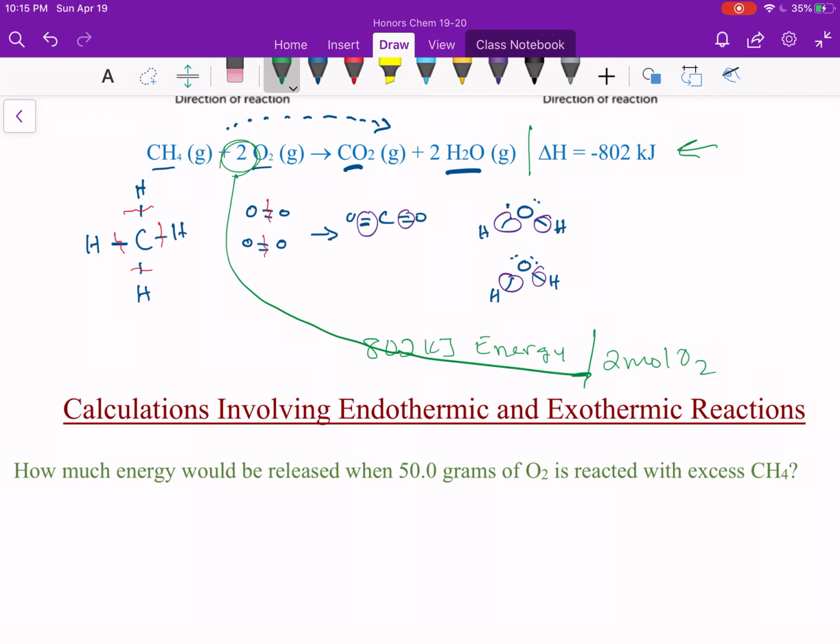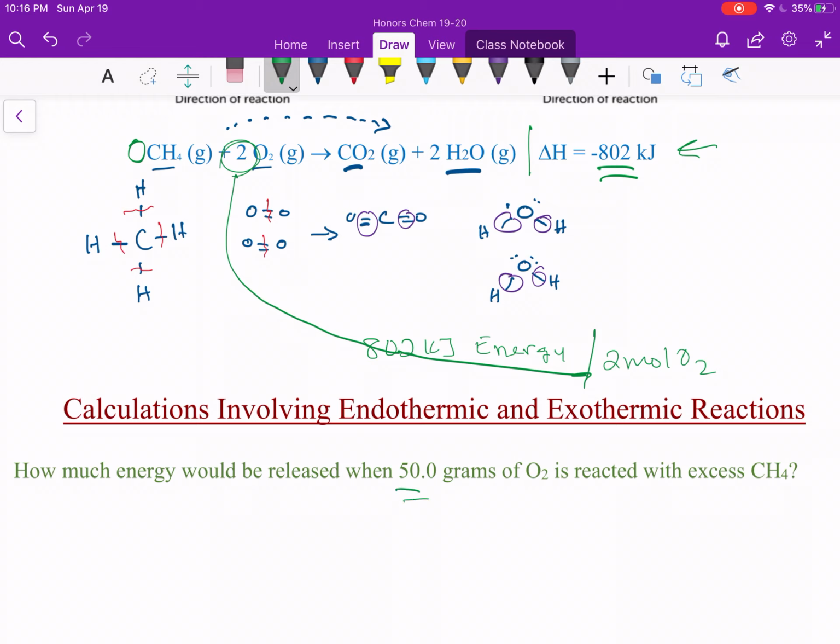That's where that 2 comes from, so that's my ratio there. If I was only reacting 1 mole of CH4, I'd get that 802. If I was producing 2 moles of water, I'd get that 802. So the energy change also follows that stoichiometry. And so if this reaction said, how much energy is released when 2 moles of oxygen reacts? It's easy, it's 802. But I don't have 2 moles, I have 50 grams.